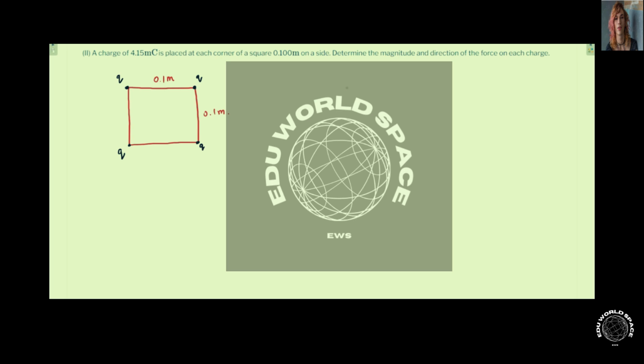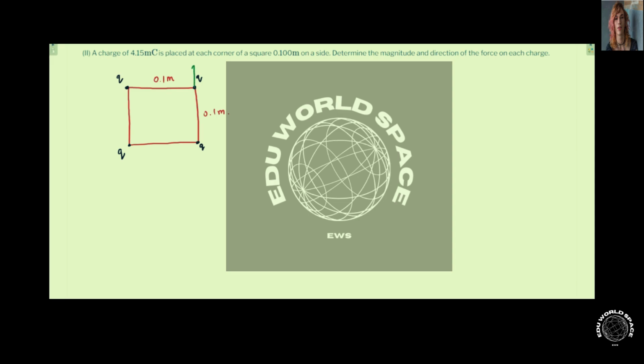All right. So the direction will definitely change, but the magnitude is going to remain the same because the figure is symmetrical. So let's find the force on this particular charge. That force is going to be due to three charges. Since the charges are all equal, the force is going to be repulsive in nature.